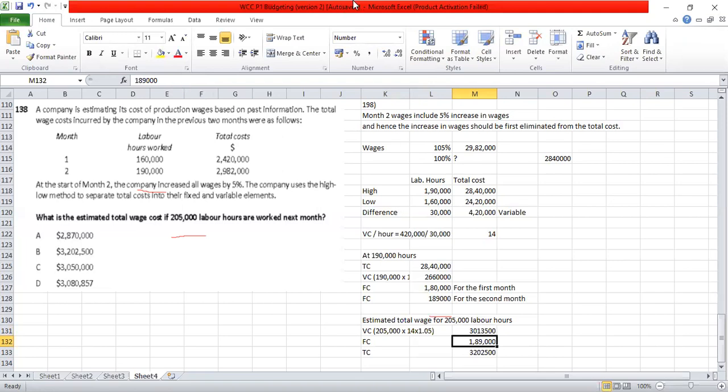So the variable cost per unit is 14. But from 190,000 units onwards, variable cost per unit also has to be recalculated.